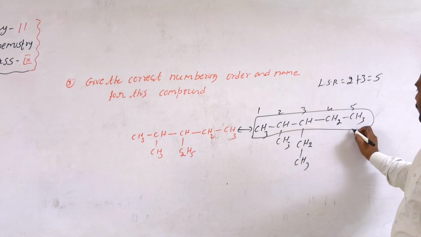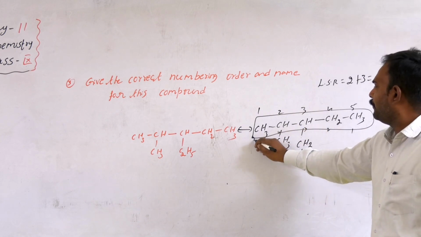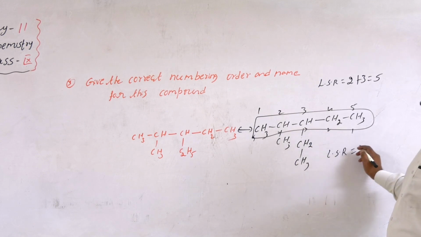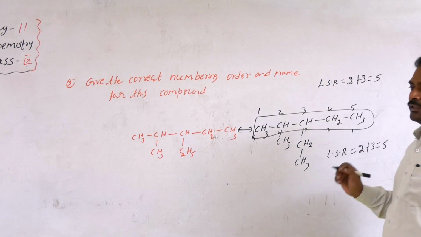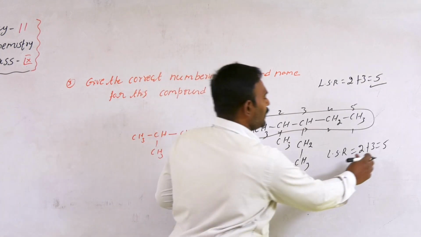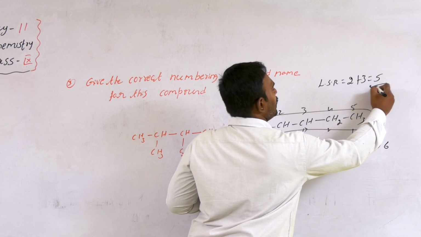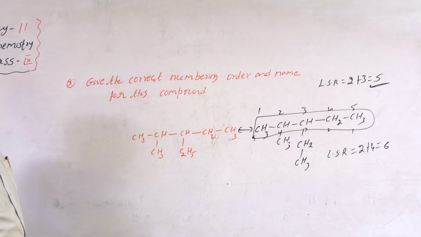Then the second method of numbering 1, 2, 3, 4, 5: branching positions 2 plus 4, here we will get 6. So the first is the correct way to give the numbering, because both the branches get lower numbers as well as following the lowest sum rule.